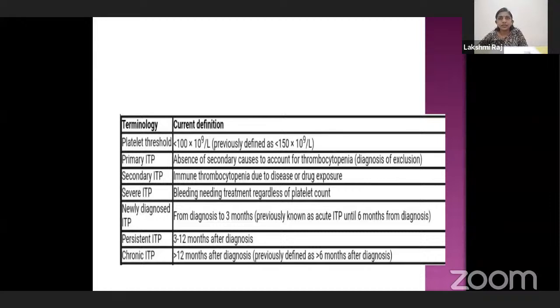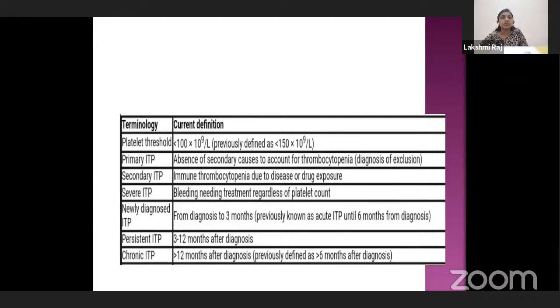And then if the bleeding is persisting beyond 3 months, but it is resolving within 1 year, that is 12 months, then it is known as persistent ITP. So we have a new terminology here. Earlier it was acute and chronic ITP. Now it is newly diagnosed ITP, persistent ITP, and chronic ITP.